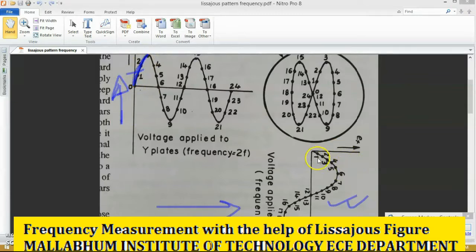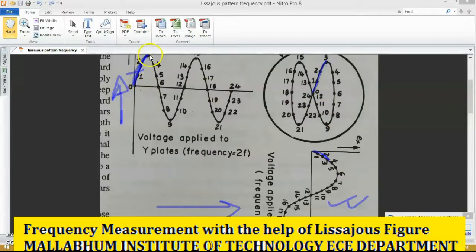But in the X plate you can see that from point 0 to 3 it is moving only up to this, not to the peak. Up to this point 3 it is also increasing, so in the combination of these two, the resultant waveform is actually increasing.